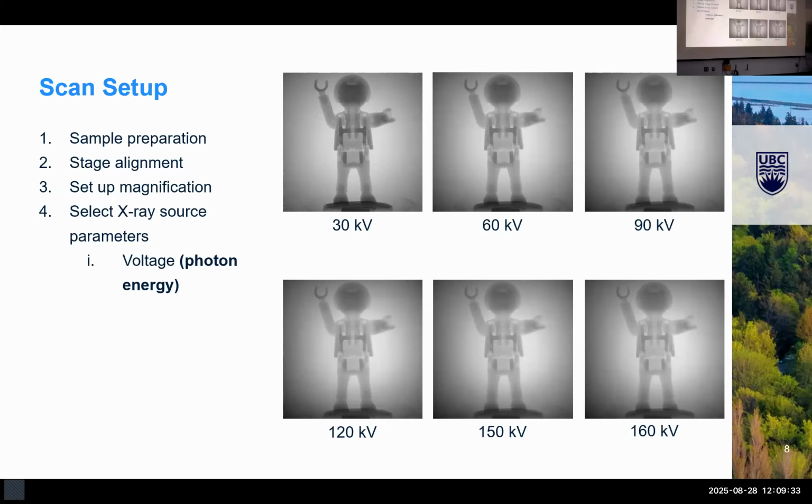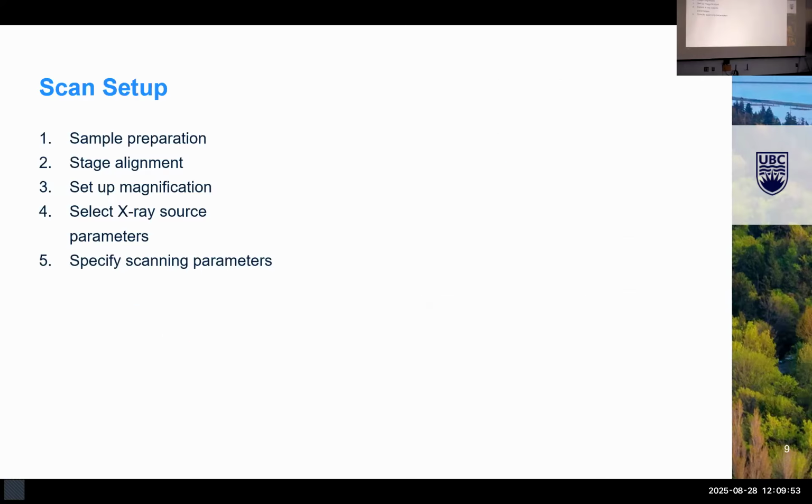Typically for our cellulose materials, we're in this 60 to 90 range, whereas the materials folks like to bring huge chunks of metal, and then you really need to crank up the voltage in order to get the X-rays through there. And then there's also the power, which determines essentially the number of photons that you're sending at the sample. Higher power typically leads to a better signal to noise ratio.